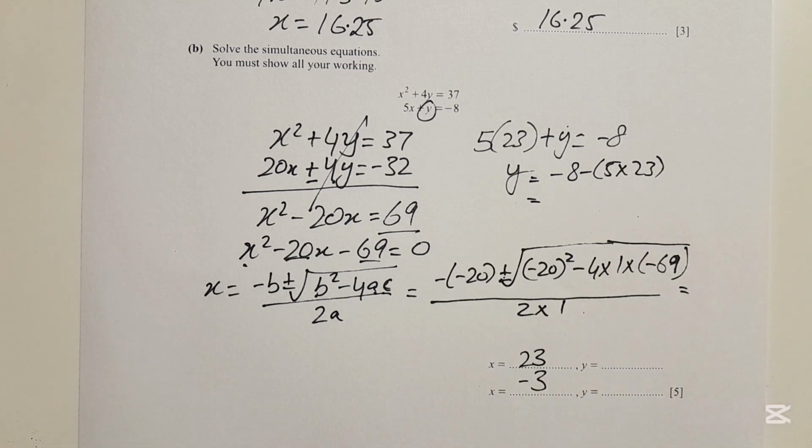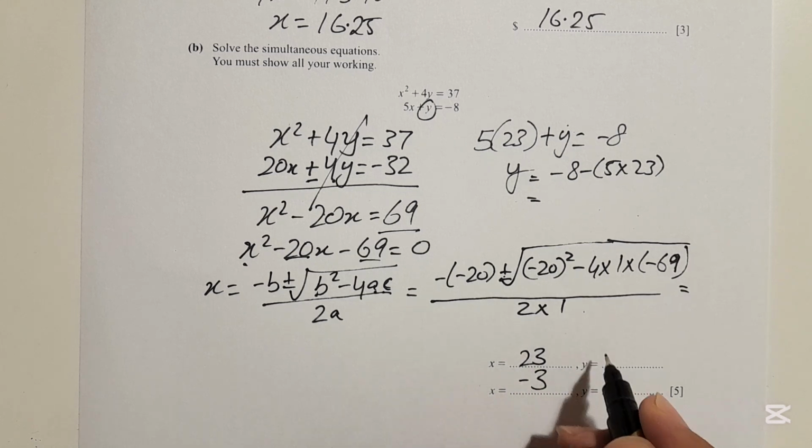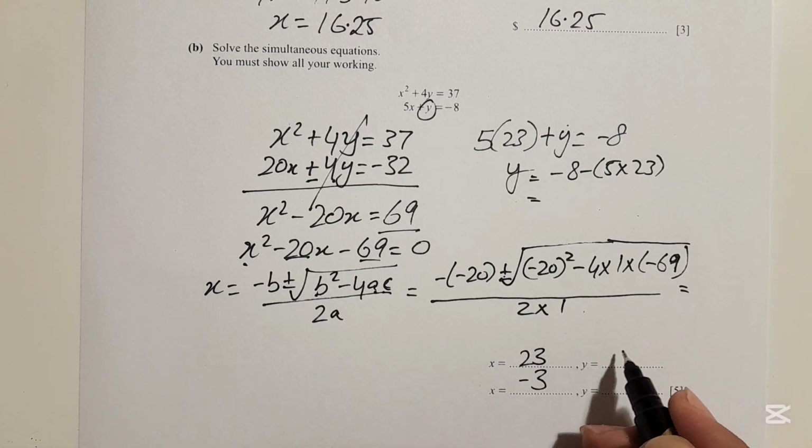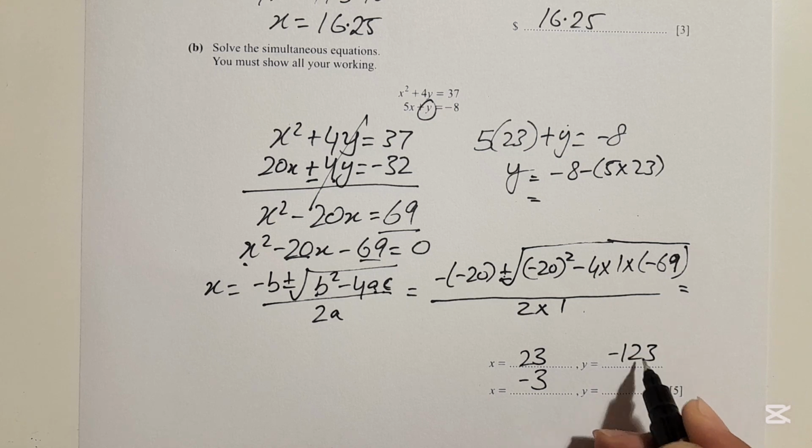That will be minus 8 minus 115, which is minus 123. So the value of x is 23, so y will be minus 123.